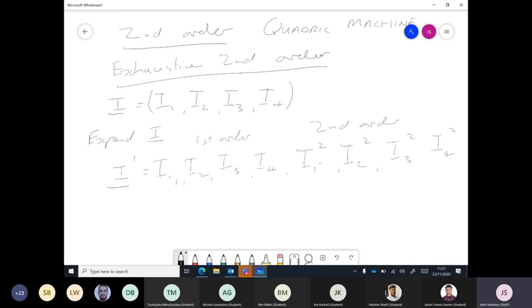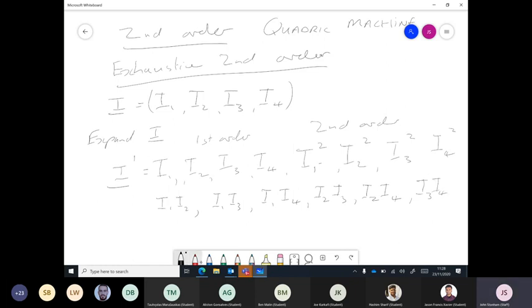Now we include the pairs of terms, which will be I1, I2, I1, I3, I1, I4, I2, I3, I2, I4, and finally I3, I4.